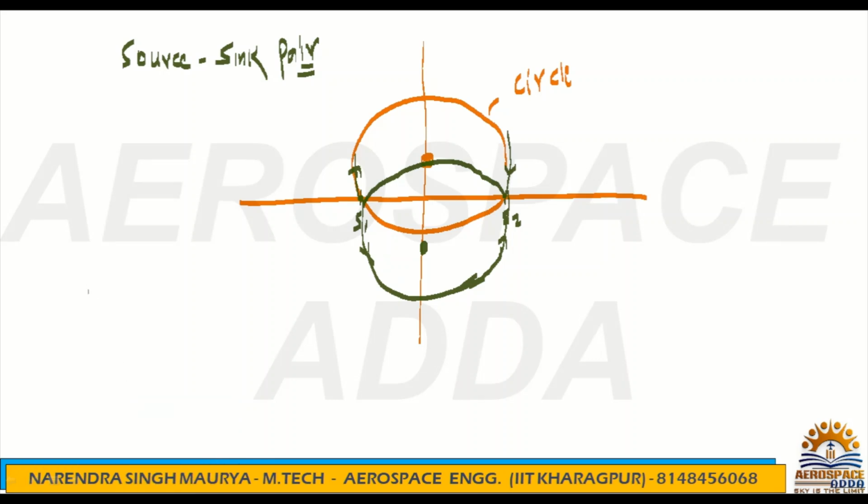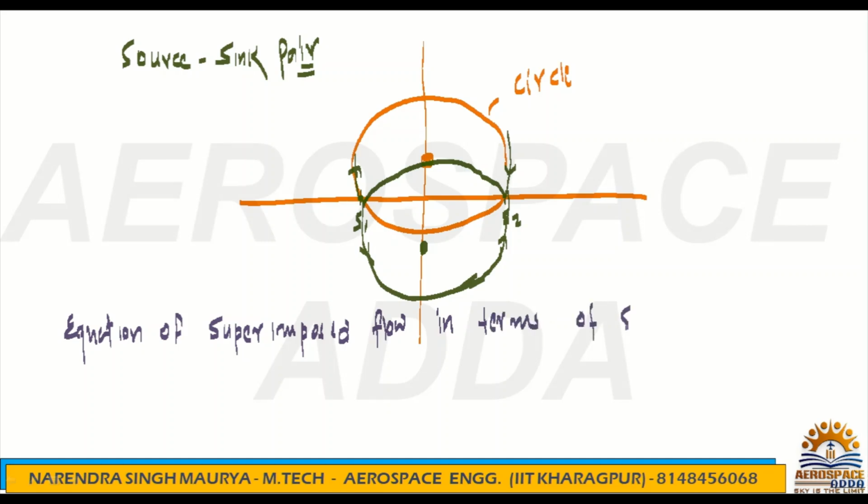What is the equation of the superimposed flow in terms of the stream function?